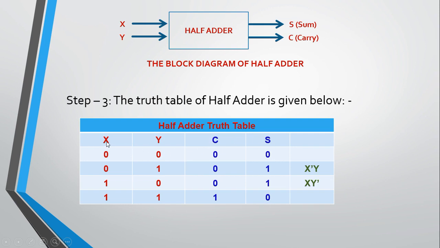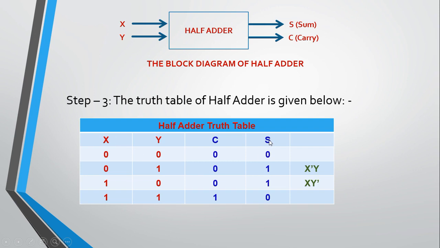Now X, Y: 0 0, 0 1, 1 0, 1 1. Right? So over here C equals 0 0 0 1. Now how does it perform? Addition of 0 and 0 will return 0. Sum of two numbers. Right? You need to see the truth table of OR gate because X plus Y is the sum.